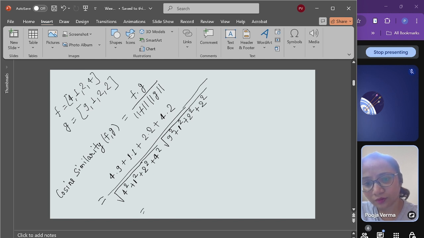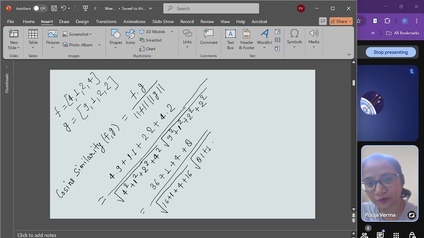In the numerator you will get 36 plus 1 plus 4 plus 8, divided by the root of 16 plus 1 plus 4 plus 16, multiplied by 81 plus 1 plus 4 plus 4. Adding these, you get 49 in the numerator, and in the denominator root of 37 and root of 90.